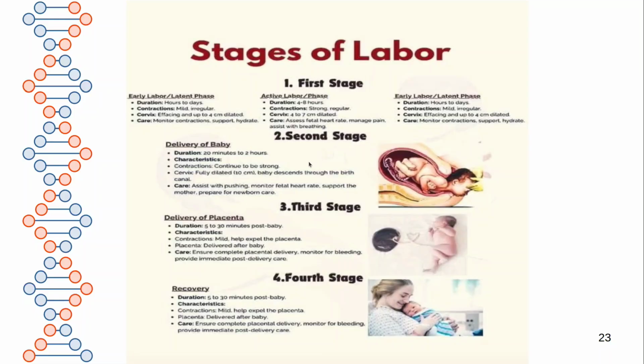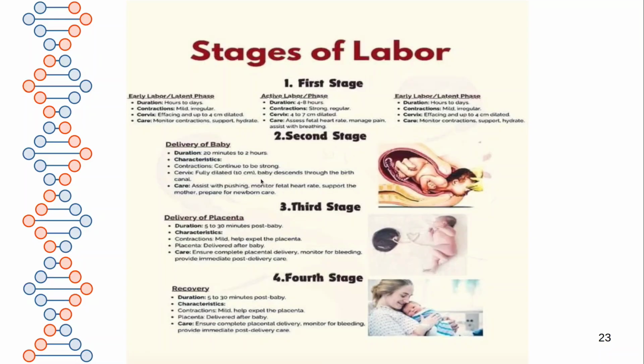Then the second stage is the delivery of the baby. Duration is 20 minutes to 2 hours. Sometimes with prolonged labor it may go up to 2 hours also, if the pelvic shape is not proper, such as when gynecoid pelvis is not there but android pelvis. Contractions continue to be strong in the second stage of labor.